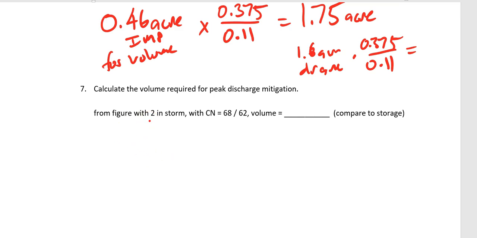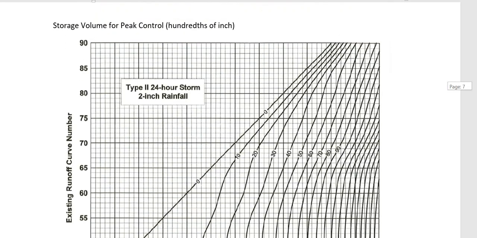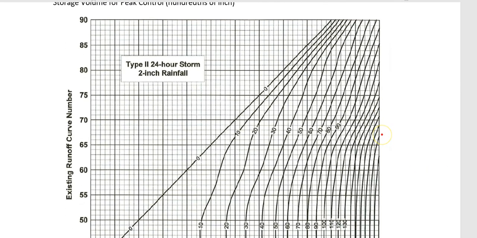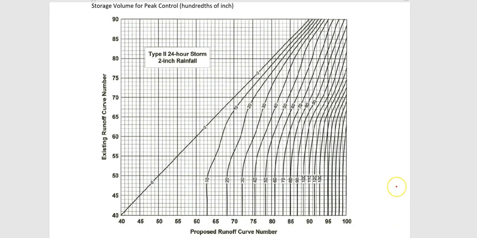There's another number in there: calculate the volume required for peak discharge mitigation. So if I go down to this next graph here, it says storage volume for peak control, again in hundredths of an inch. And we do the same thing we did before. Our existing was 62.